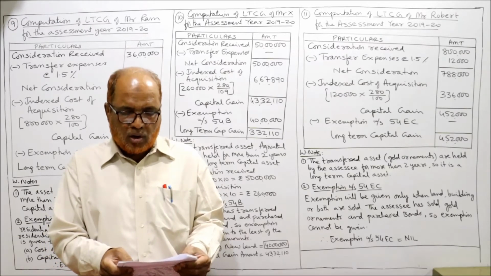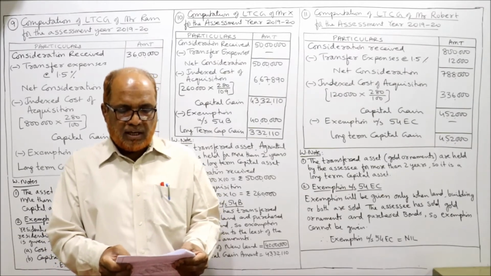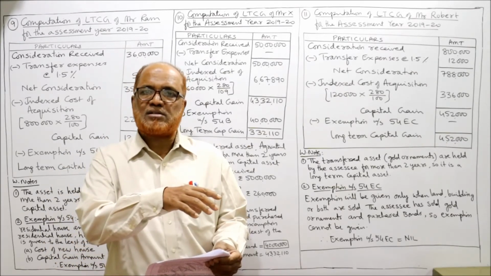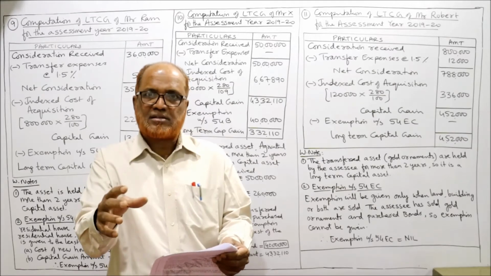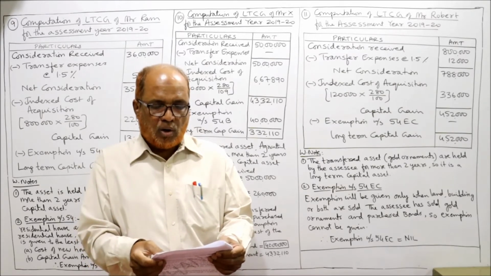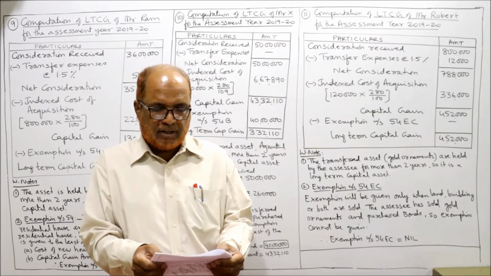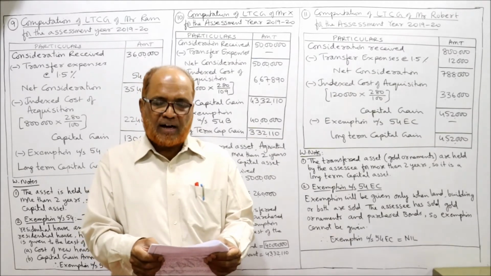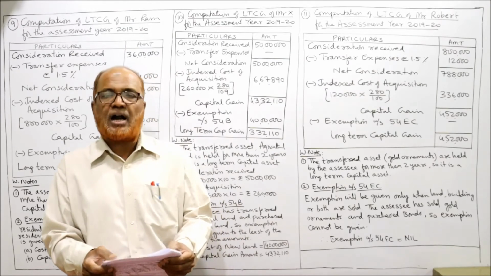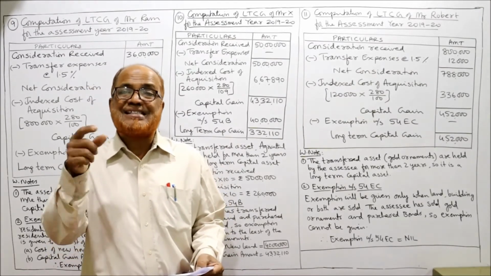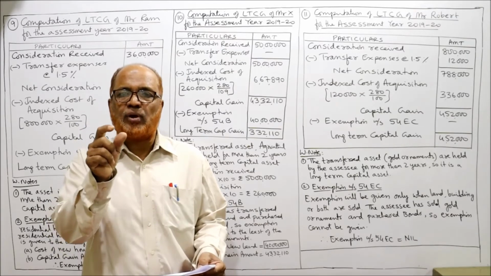After selling the gold ornaments, within 2 months, he invested in bonds. So he has sold the gold ornaments and within 2 months, he has purchased the bonds of rupees 7 lakh of Unit Tessel Chemicals and Hydropower Limited, Mumbai, which are notified as specified securities under section 54 EC. The Income Tax Act has given one section, section 54 EC.